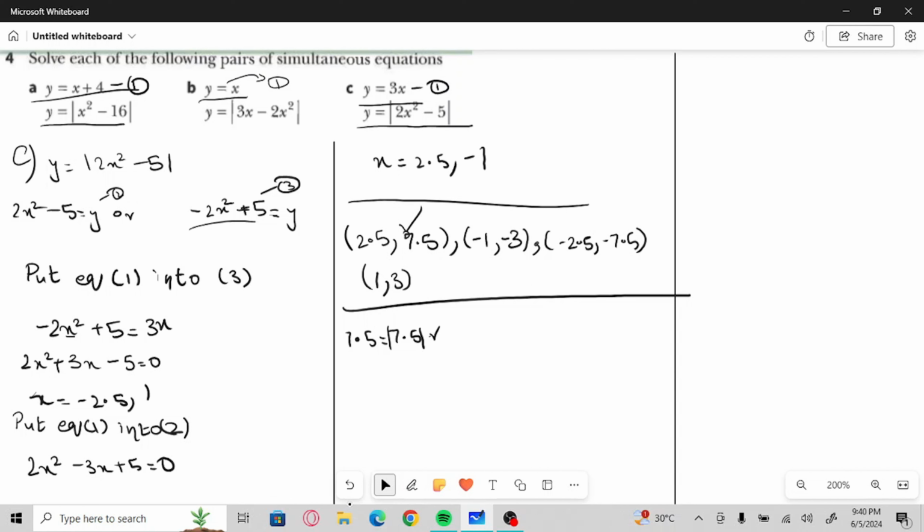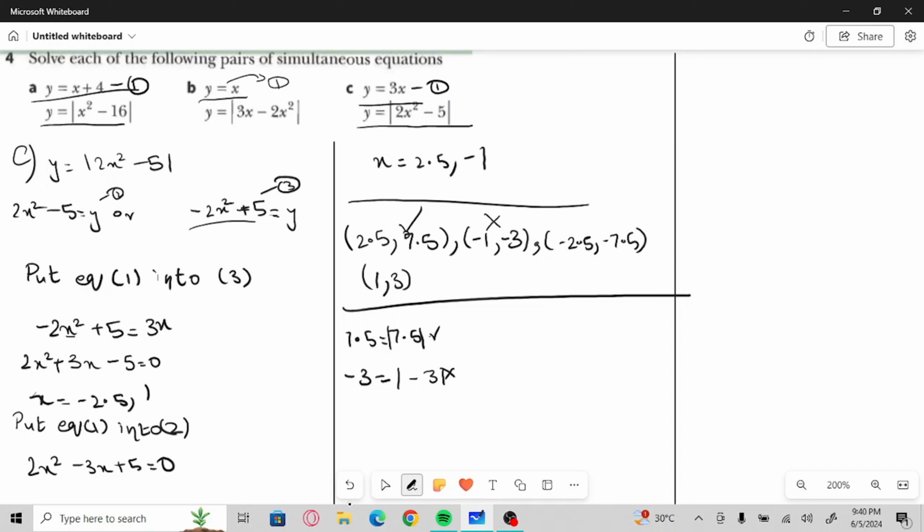The second one, negative 3: negative 1 squared is 1, multiplied by 2 is 2, minus 5 is equal to negative 3 in our modulus. So this one is actually incorrect because out of a modulus we can't get a negative value. So this is incorrect.